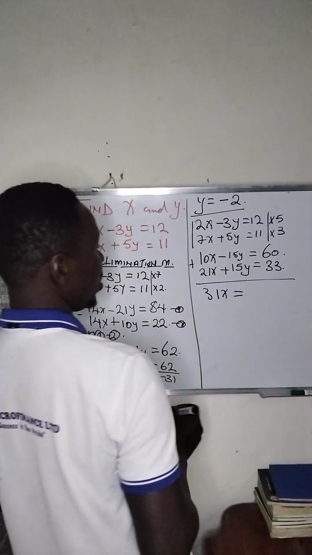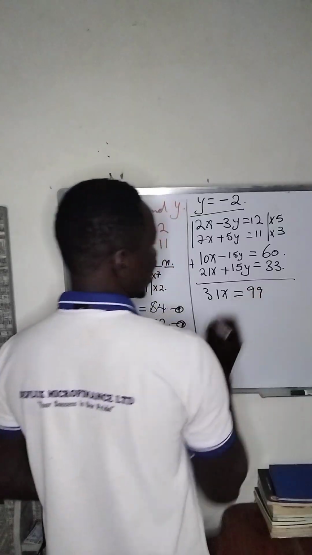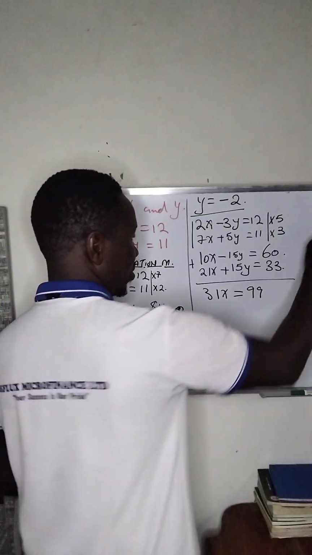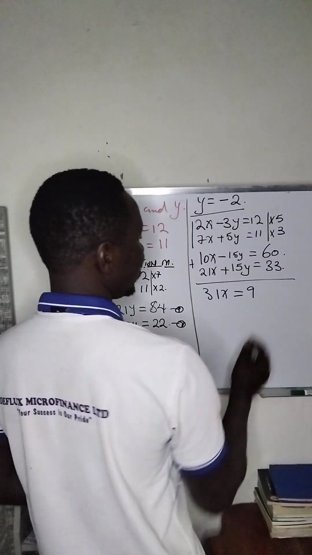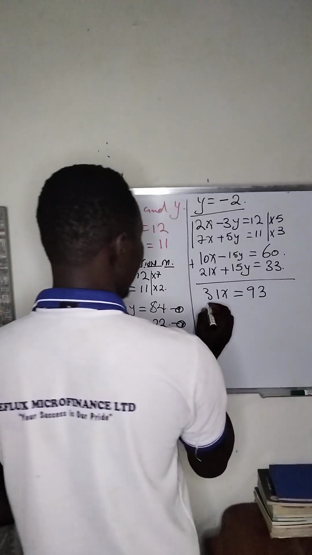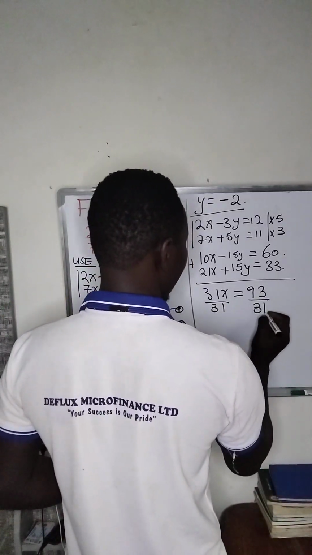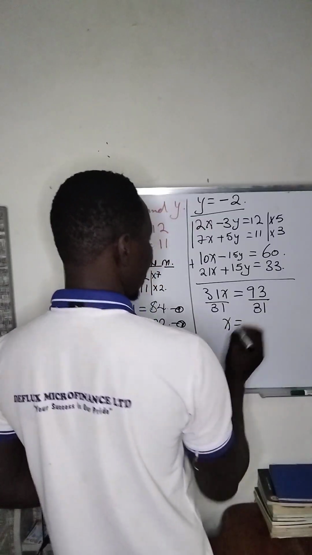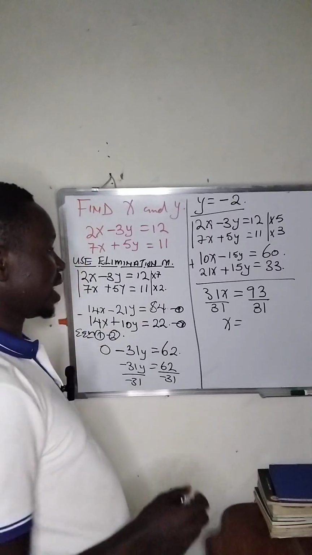When we add these values here, 60 plus 33, it becomes 93. We divide by 31. We can obtain the value of x altogether.